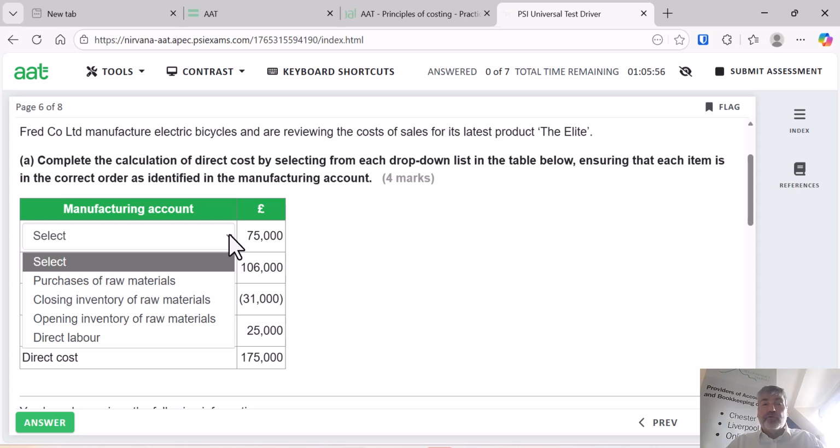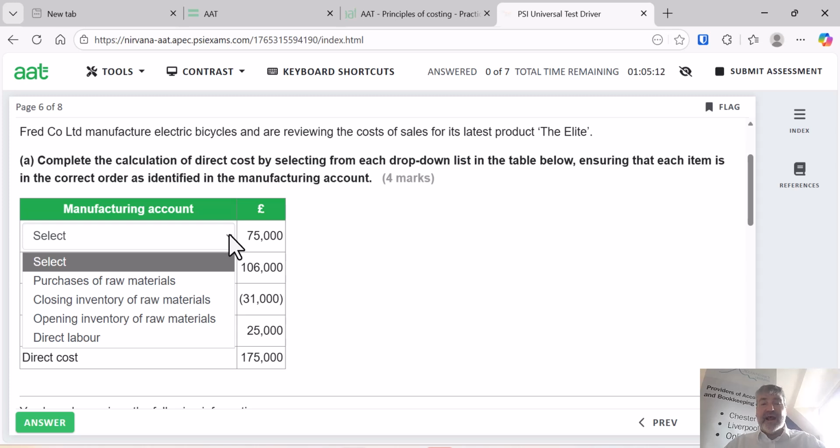To find out the value of our direct raw materials, we need to do a calculation that takes the opening inventory value of raw material plus the cost of all the purchases of raw material, and then we deduct the value of any closing inventory of raw material. That calculation will tell us the direct cost of raw material that has been issued to the manufacturing process in the period. So that's a sub-calculation that you need to remember to go into the exam.